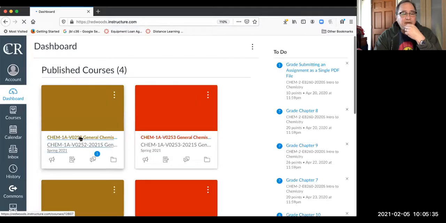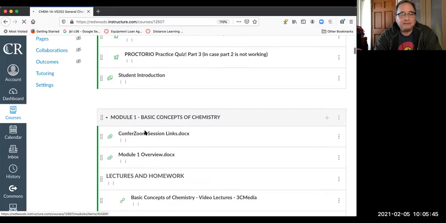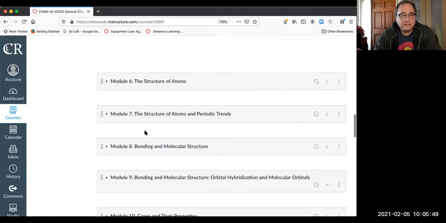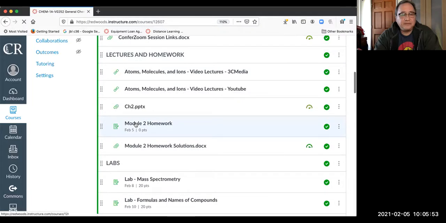And so module 2, homework. I don't think I ever relabeled it. I think it says module 3 when you open it up. There we go.